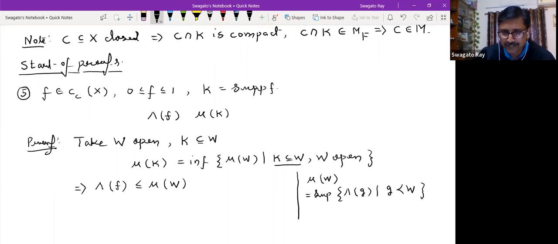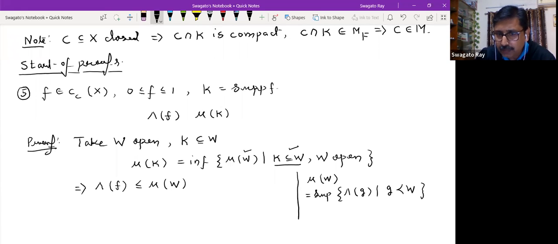Not clear? Once again, I look at the measure of W, that is the supremum of λg for all those g's which are supported inside W, right? Now I'm thinking about this W here. So what is K? K is nothing but the support of a function f. So the support of f is sitting inside W because of this condition.